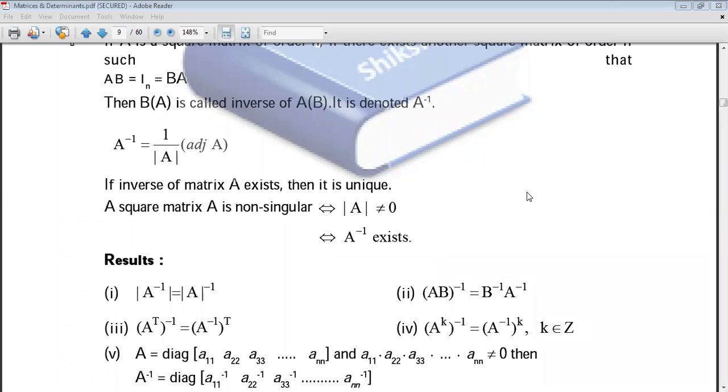Where capital Aij's, meaning capital A11, A12, A21, A22, are the cofactors of the elements of capital A.